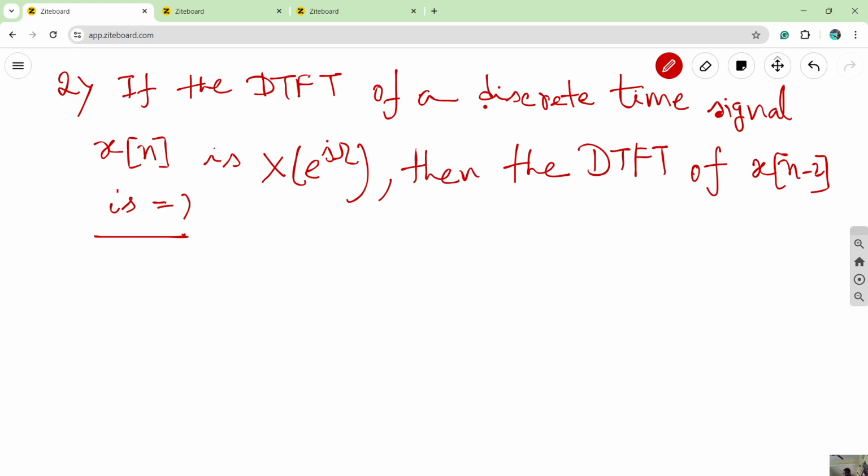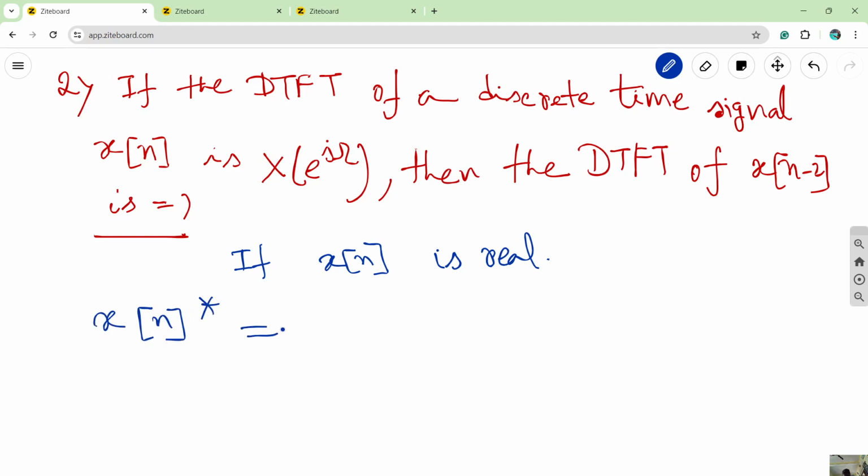Okay, so just let me solve it. If x of n is real, then x star of n is equal to x of n.